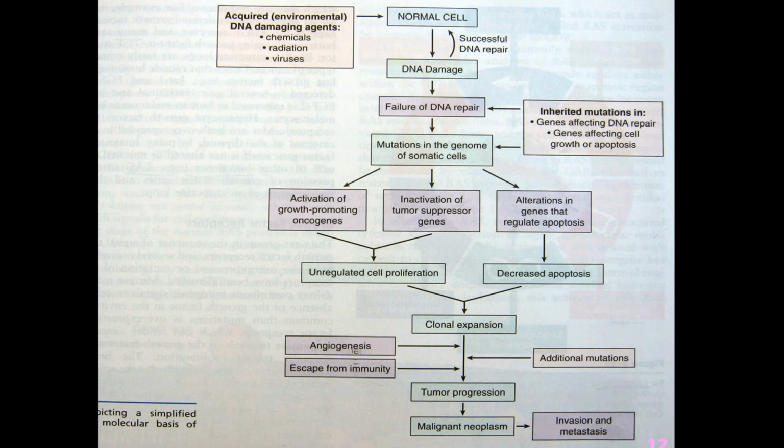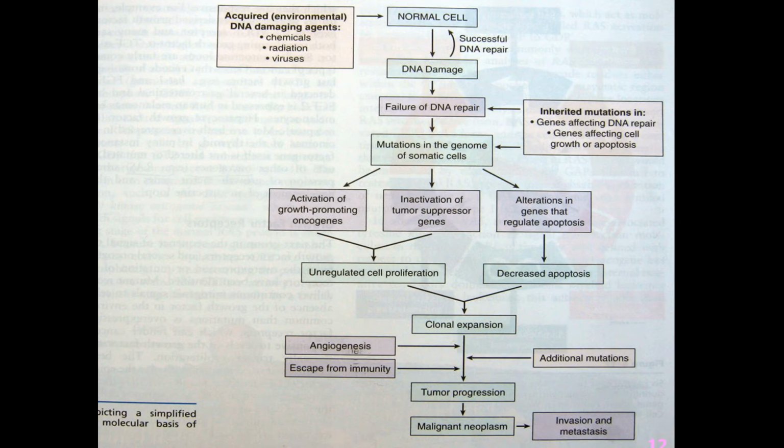The second group is the inactivation, due to mutation, of tumor suppressor genes. We talked about the retinoblastoma gene, P53 and others. And because of inactivation, they can't stop the proliferation, the division of the cell. And there is inherited alteration of the genes of apoptosis, and apoptosis is impossible.